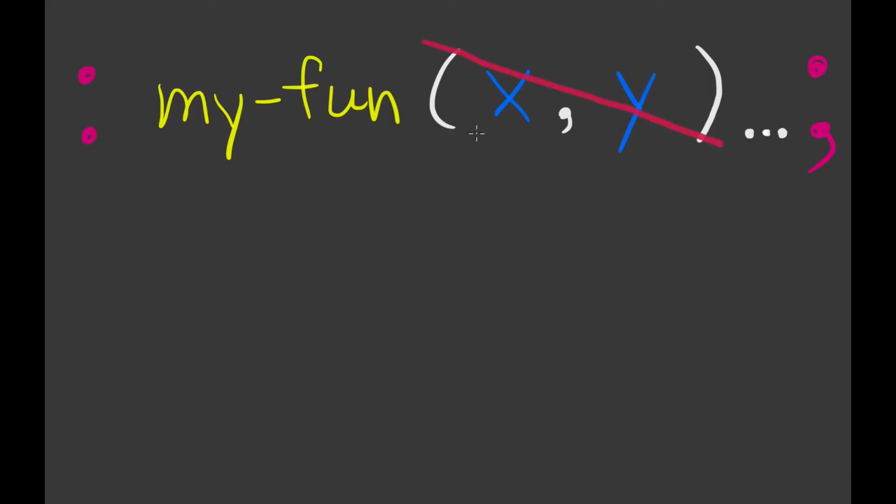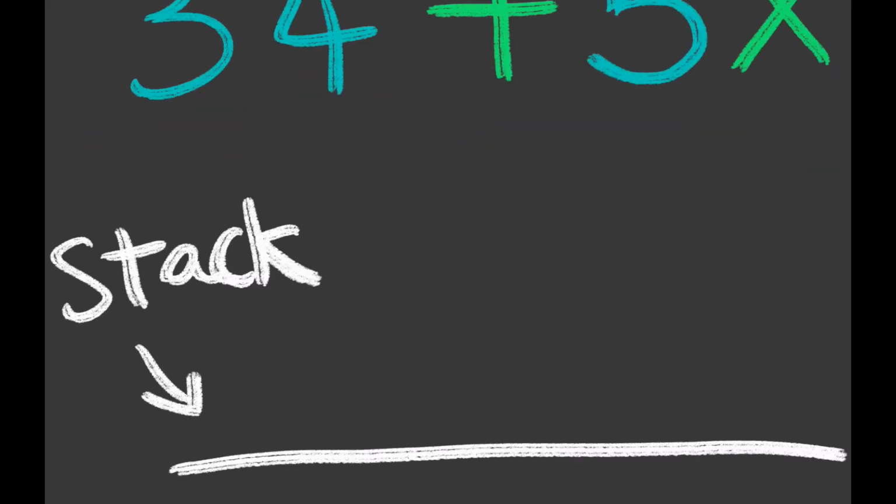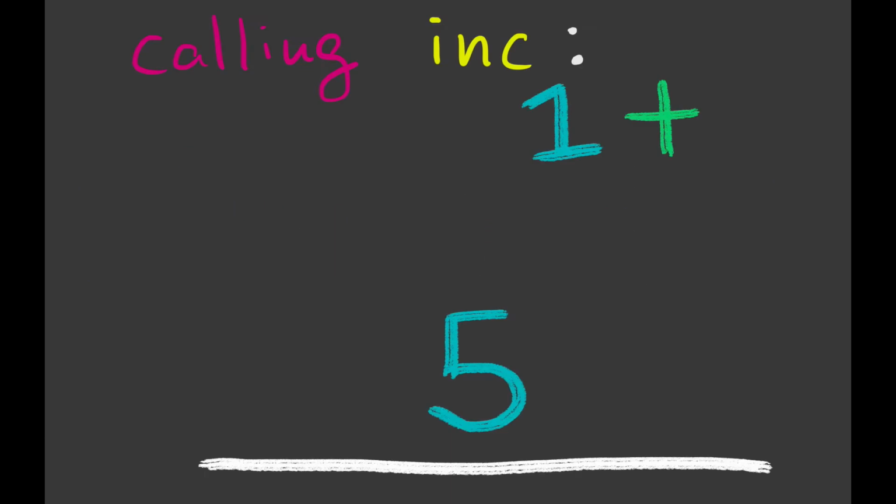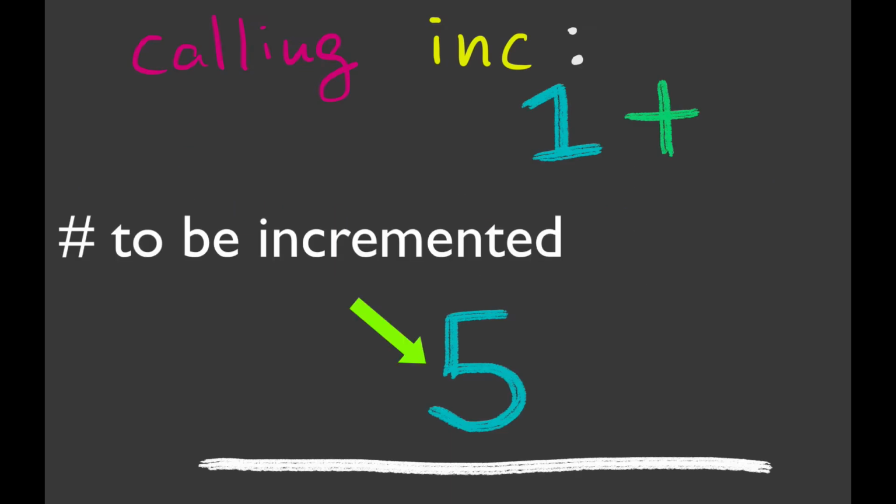Now, to call it, we simply type star and hit enter. Subroutines do not have parameters. Instead, values are passed to subroutines by putting them on the stack immediately before calling the subroutine. For example, this is the definition for the increment subroutine, which adds 1 to the passed in number. It expects the number to be incremented to have been placed on the stack before it's called.